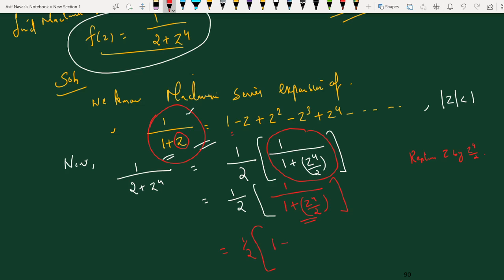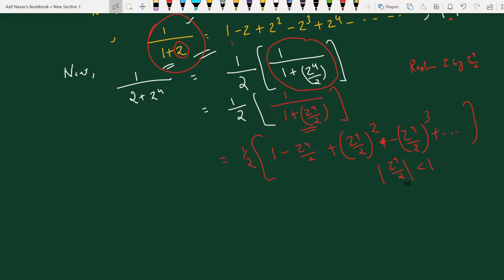So 1 minus z raised to 4 by 2 plus z raised to 4 by 2 all square minus z raised to 4 by 2 all cube plus etc. And this is valid when, instead of z, mod z raised to 4 by 2 is less than 1. That means it implies mod z raised to 4 is less than 2.